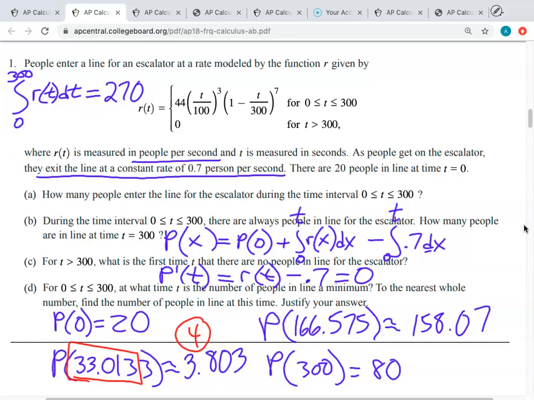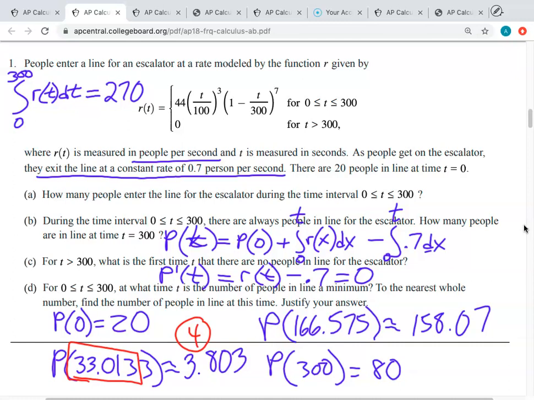But yeah, Casper. Sorry, how'd you get the 2 t values right there? So this is my number of people in line at time x, or really it should be at time t now because I'll change the variable. So it's 20, the number of people in line at the beginning, plus the number of people that entered, minus the number of people that left.